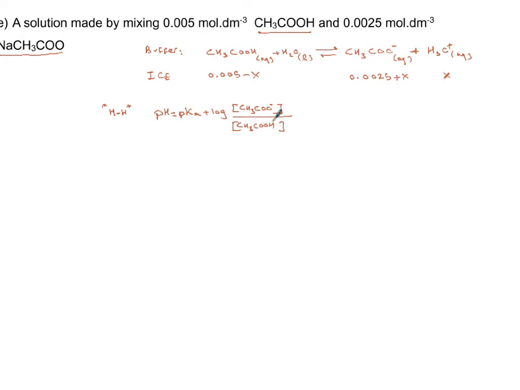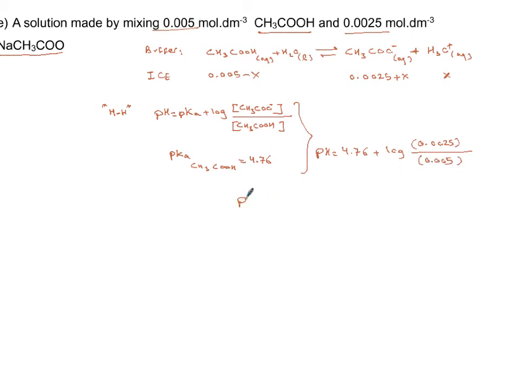Then we go after the pKa of ethanoic acid in the data booklet. The pKa of CH3COOH is equal to 4.76. So pH equals 4.76 plus log of our salt concentration, which is 0.0025, over our acid concentration, which is 0.005.